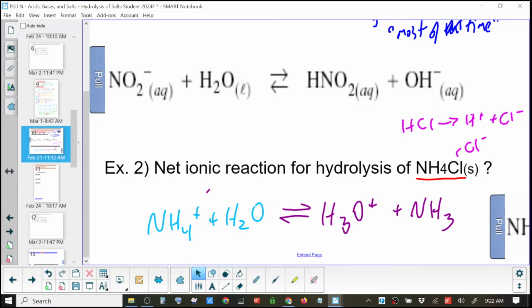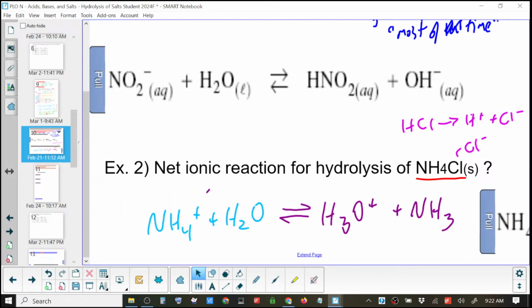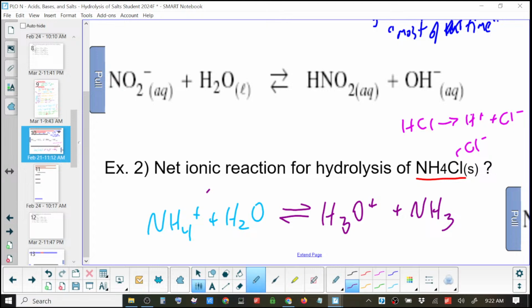Wait, but that's not the net ionic, right? Actually, technically it is. There's nothing in there that can cancel. So, yeah. The only difference was that you would put something like chlorine in here, like we had up here, and then you get this and chloride.